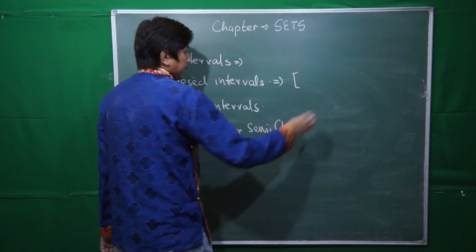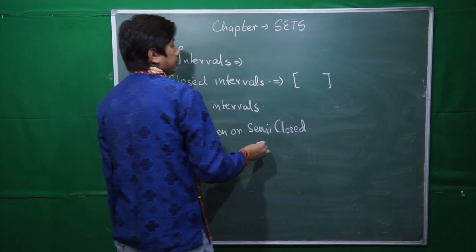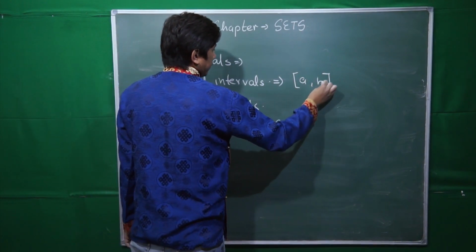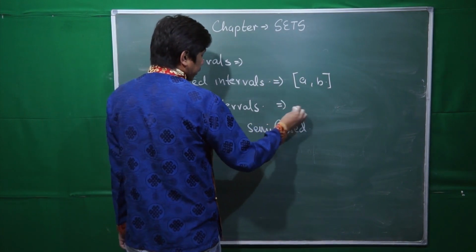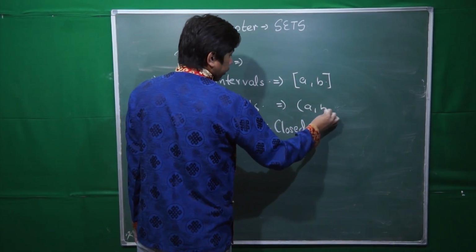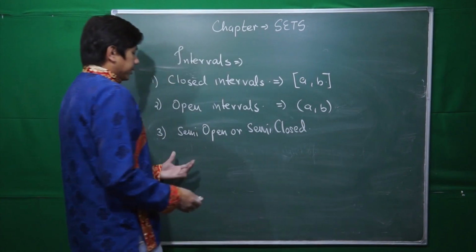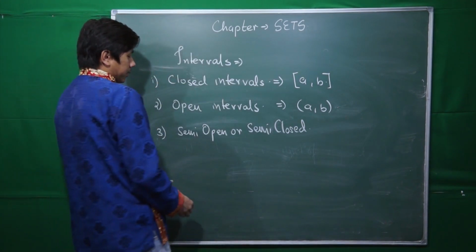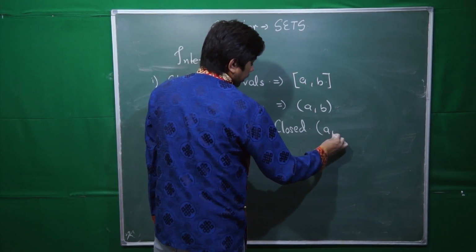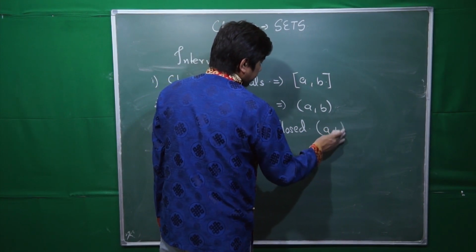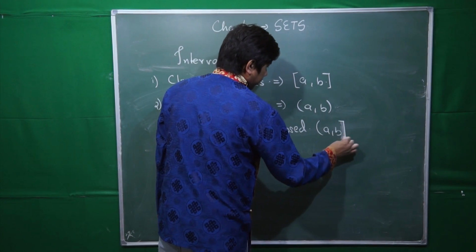We represent it in the form of square brackets, a comma b. Okay, and for open intervals, we represent it through round brackets, a comma b, and then for semi-open or semi-closed, we represent it as a mixture of both the brackets, a comma b. This one would be closed.